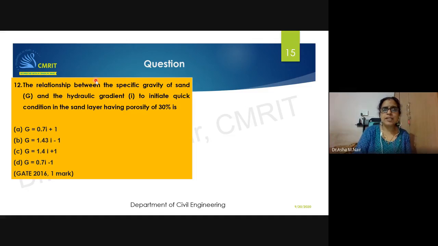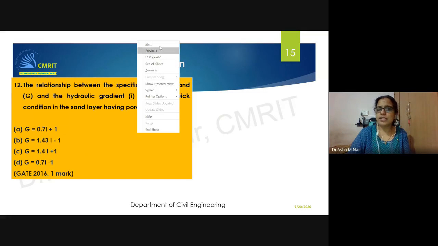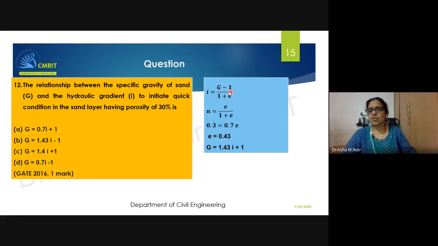Please keep in mind what is the expression that you have to use whenever you have to determine the quicksand condition. The critical hydraulic gradient is given by G minus 1 by 1 plus E. Please note it's just a 1-marker question. So the critical hydraulic gradient is given by G minus 1 by 1 plus E.